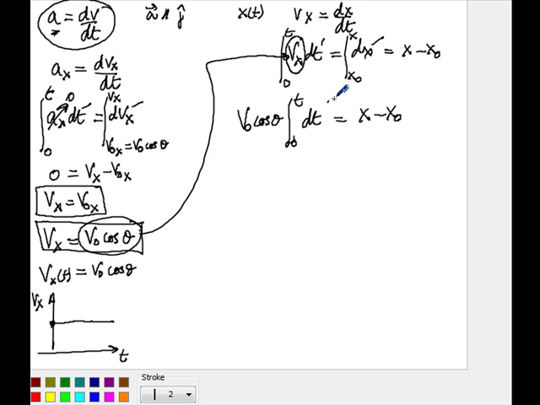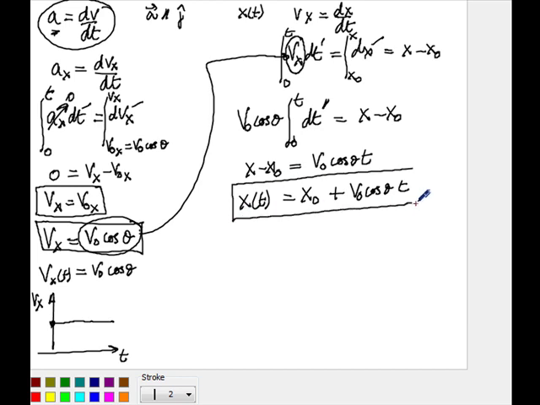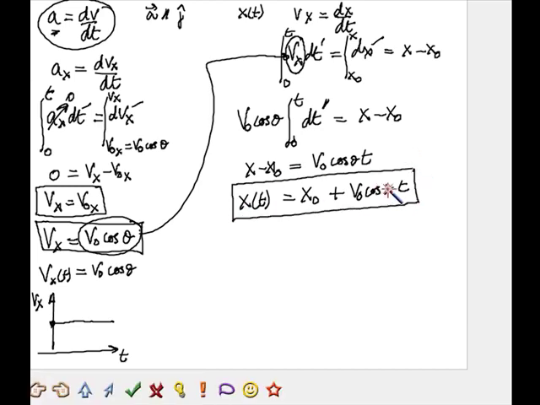And as we integrate this trivial integration, we end up with x minus x naught is equal to V naught cosine theta times t. And if we solve for x as a function of time, it will be x naught plus V naught cosine theta times t. This is very similar to what we've done in one dimension. The only difference was that we didn't have the cosine theta.